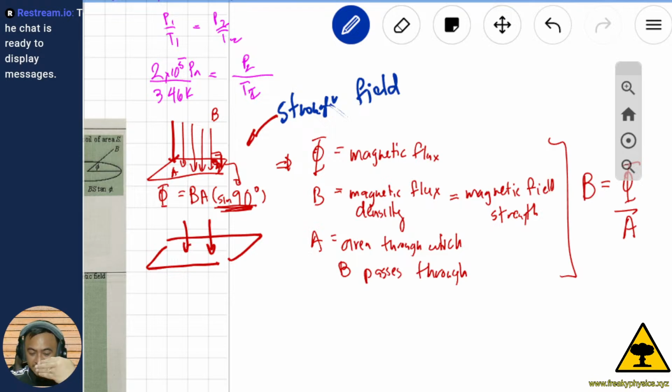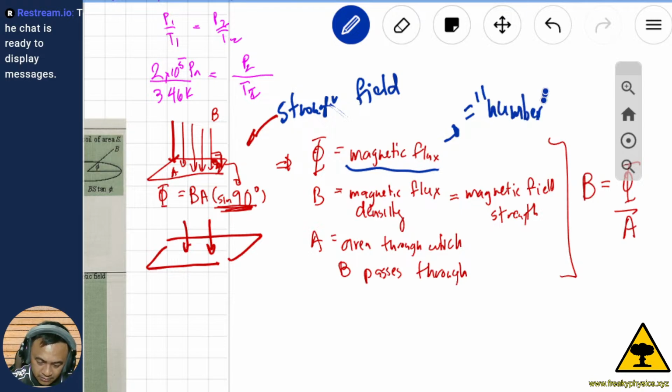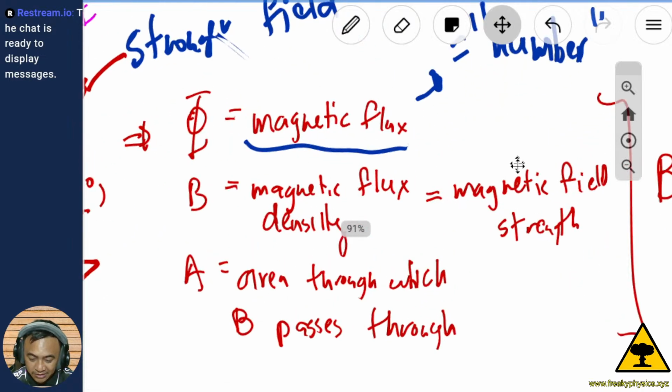So this is how you think about it. Because it's a stronger field, there are more magnetic field lines passing through that area. And if you have more magnetic field lines passing through that area, you have a bigger magnetic flux density, because the magnetic flux, you can think of this as the number, and it's not really a number, but in the visualization it makes it easier.